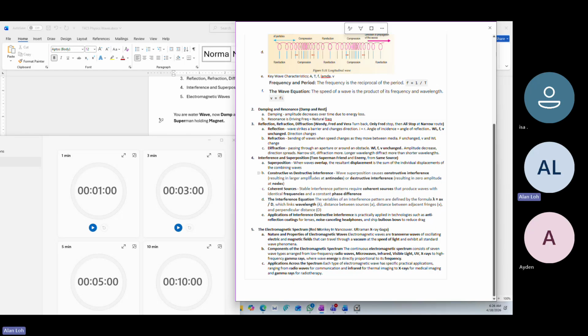So you have constructive, destructive, you have coherent sources, then you have the equation also. Then electromagnetic spectrum. Basically, there are 1, 2, 3, 4, 5, 6, 7 spectrum, the 7 frequencies that you need to remember. But it's fine if you don't understand fully. If you only understand 30%, that is normal. Right. So let's go to step number 3.